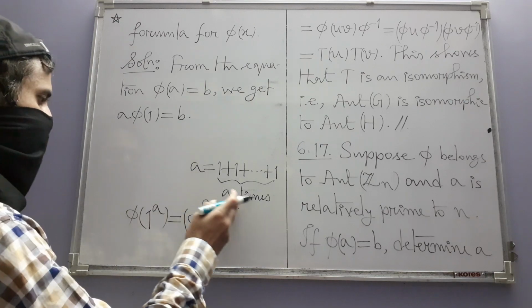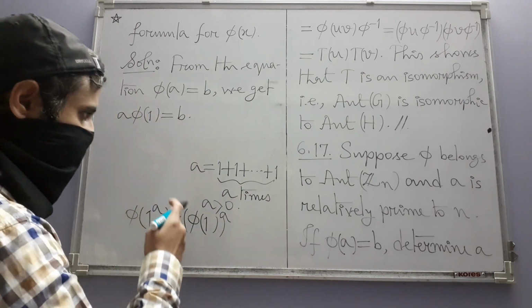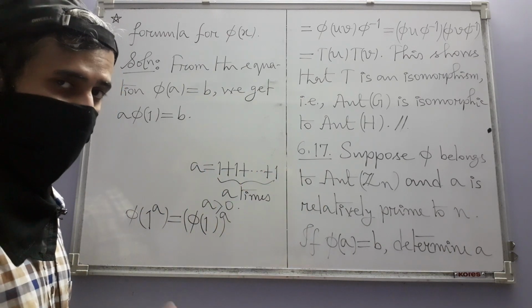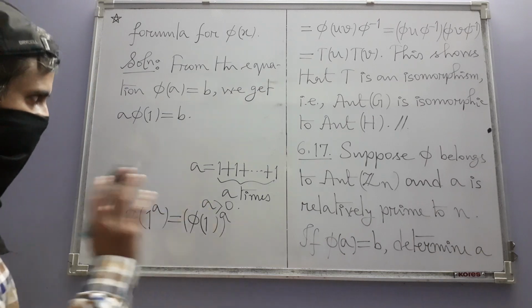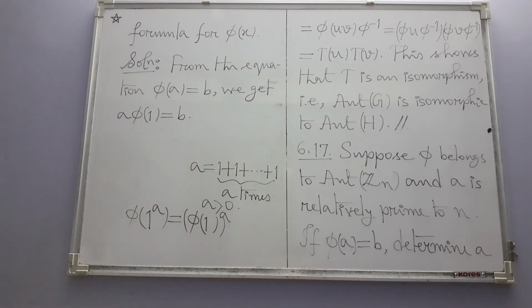That means again, if A is positive, phi of 1 plus phi of 1 plus phi of 1 and so on, A copies of phi of 1 added together, and that is B.